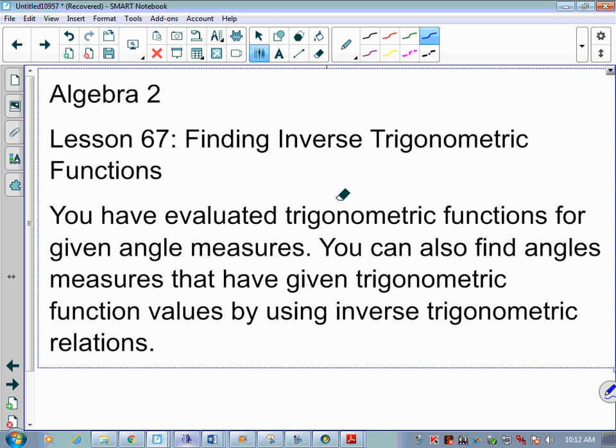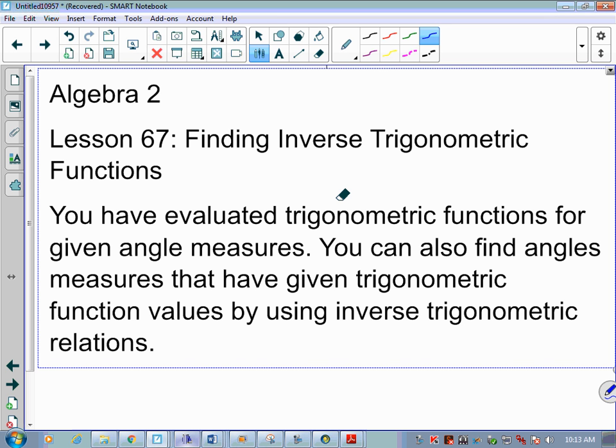So we've evaluated trigonometric functions for given angle measures, but here's the thing. You can also find angle measures that have given trigonometric values by using inverse trigonometric relations. What that means is, up to this point, we've used an angle and a side to find the length of a missing side.